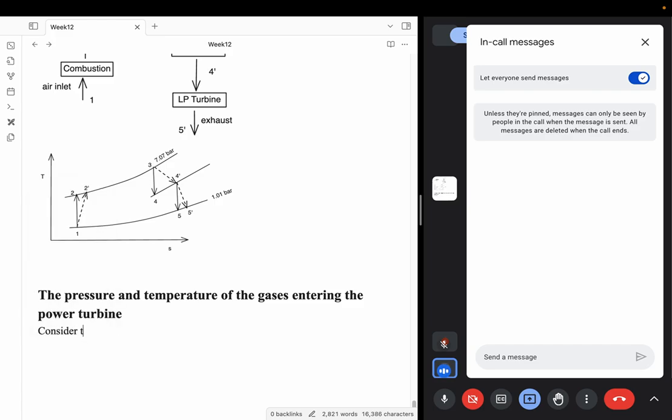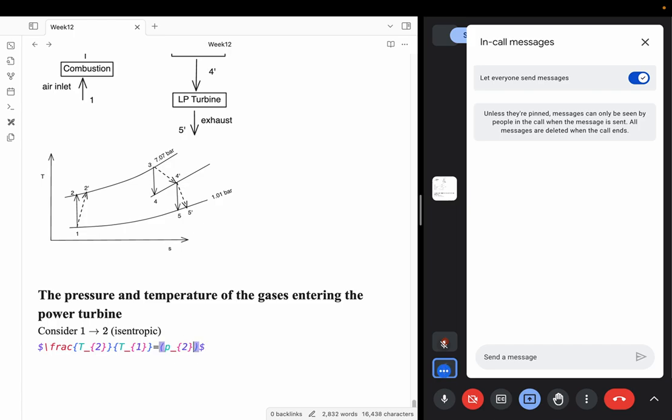Consider the process 1 to 2, that is isentropic. 2 prime is where your irreversibility comes. So it is straightforward. The 1 to 2 process is an isentropic process, so T2 by T1 is in terms of the pressure ratio, which is something we already know.